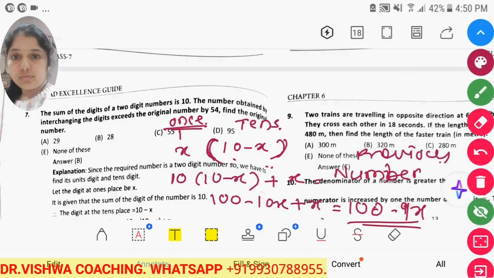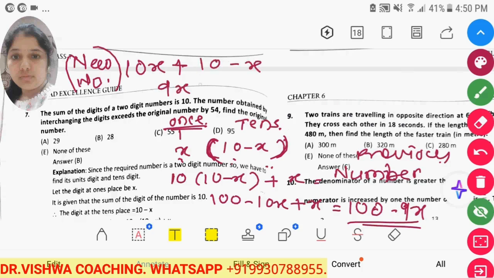Now if we interchange the positions, this digit will come to the ones place and x will come to the tens place. So the new number becomes 10x plus 10 minus x, which is 9x plus 10.